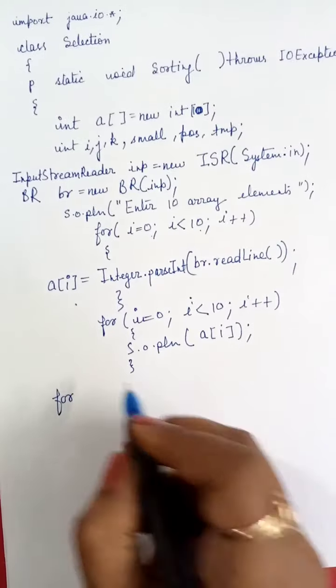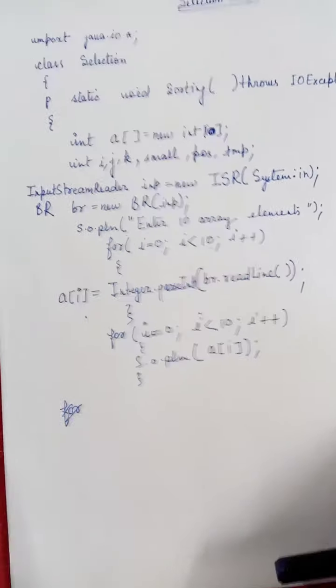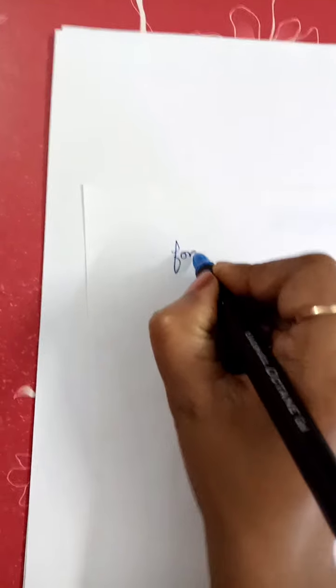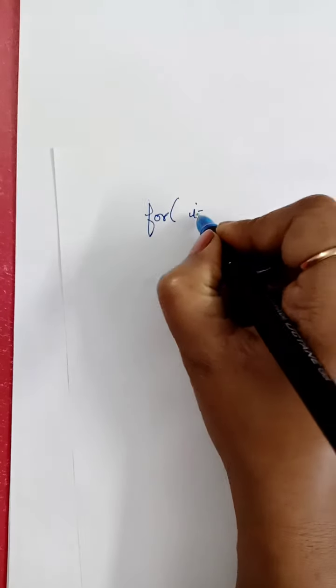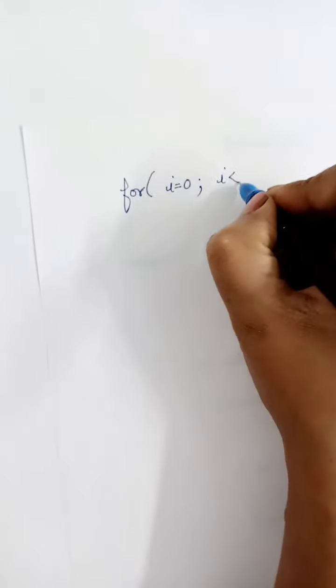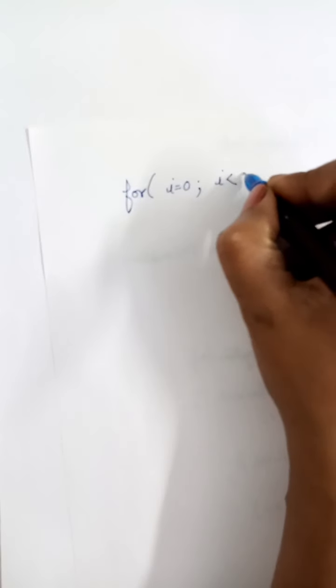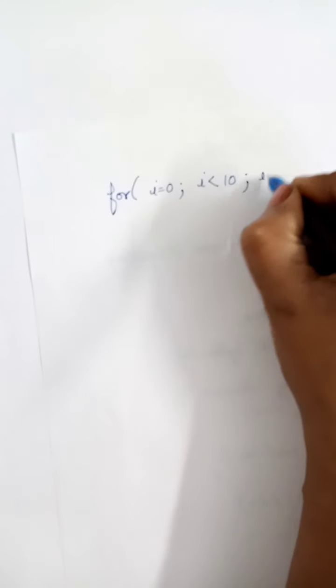Firstly, from the new page I am doing the sorting. We need a loop for that because we have to traverse the array to find the smallest from beginning to end. So from 0 to less than size, or you can say less than 10 in this case, as we have 10 elements only.